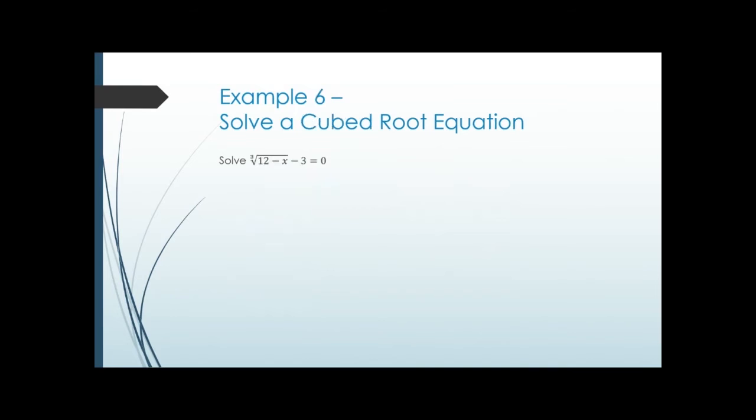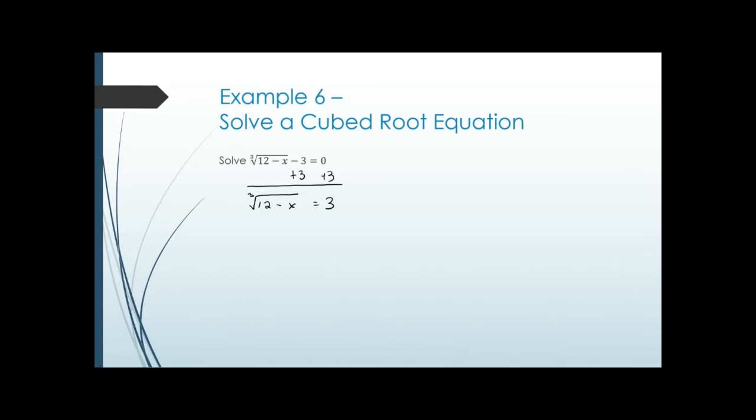So for this example, now we have a cubed root. To undo a cube root, cube your thing. So again, we need to get that cubed root by itself, and I'm going to do this by adding 3 to both sides. So the cubed root of 12 minus x equals 3.